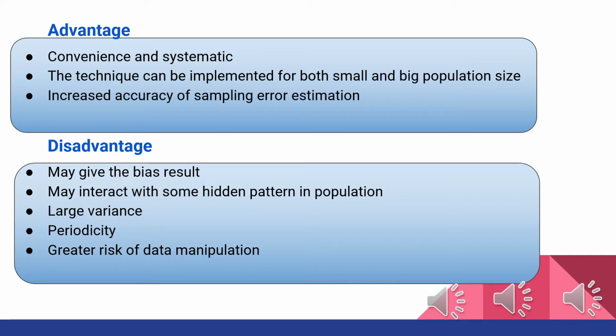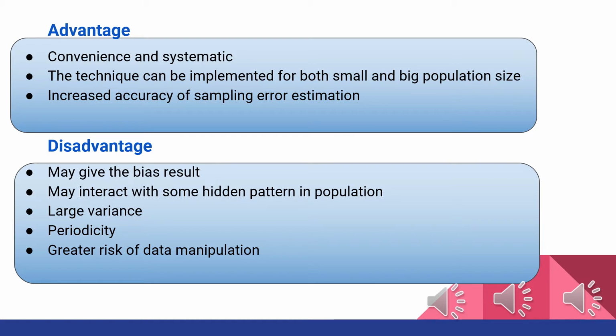The second one is that the technique can be implemented for both small and big population sizes. For example, a small population size like the students of SQQS, while a big population size like people living in Kedah. And the last advantage is increased accuracy of sampling error estimation. Every sample has the same probability of being chosen, so it can increase the accuracy of sampling and avoid mistakes.